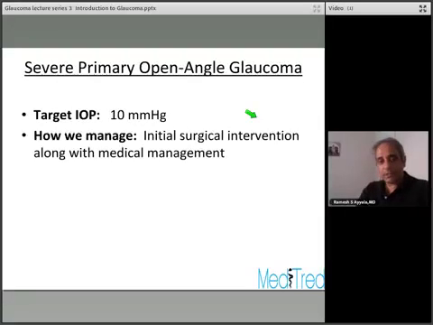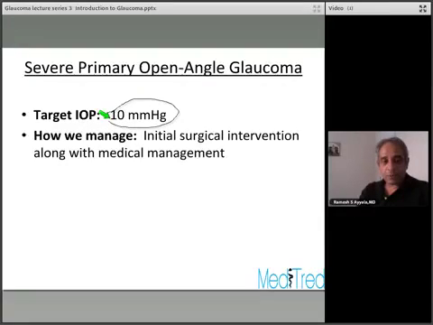For example, in this particular patient, the target pressure is 10. This is a dictum, by the way, of Chandler and Grant when they came out with this classic paper that we'll discuss briefly towards the end of this lecture: patients with significant optic nerve damage should receive treatment that results in a lower intraocular pressure than the normal accepted intraocular pressure, i.e., 16.